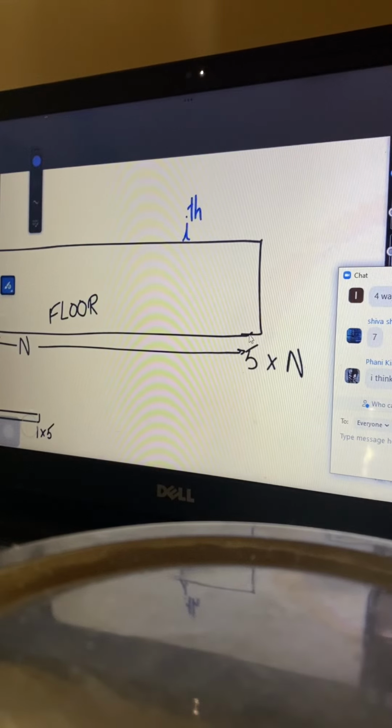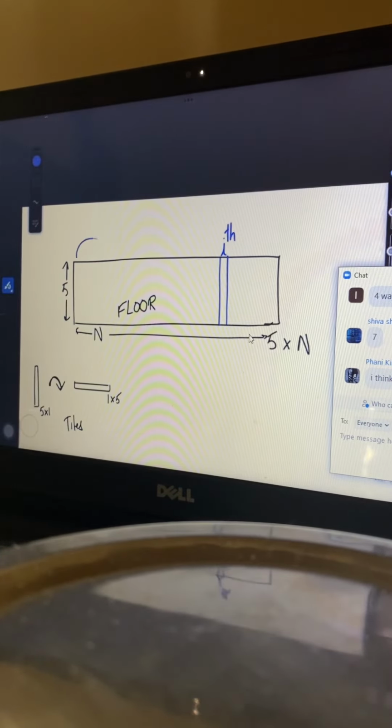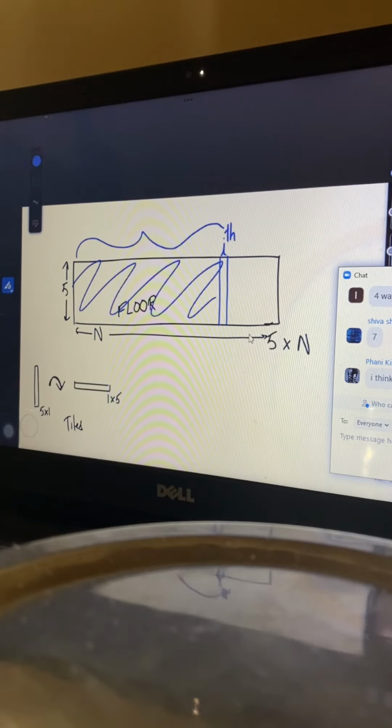Two options. Either you place a tile vertically or you place a tile horizontally. If you are placing a tile vertically, the number of ways to fill up this part will depend on the number of ways you fill up the rest.